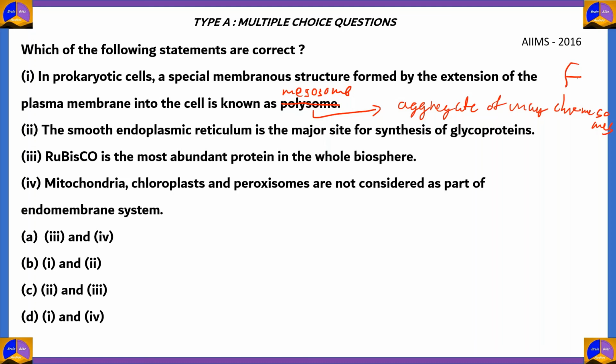What about statement B? Statement 2 states that the smooth endoplasmic reticulum is the major site for synthesis of glycoproteins. This statement is also false. Proteins are synthesized in the rough endoplasmic reticulum. The smooth endoplasmic reticulum is responsible for the synthesis of fats.